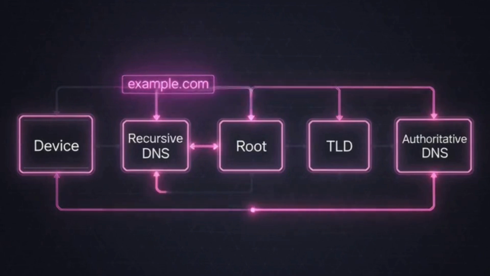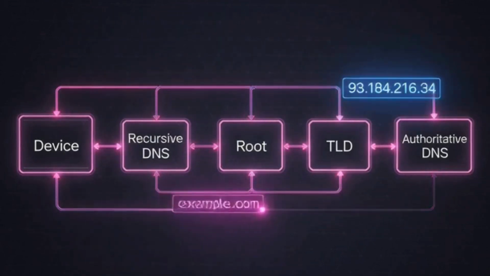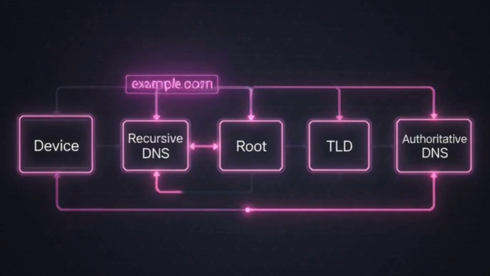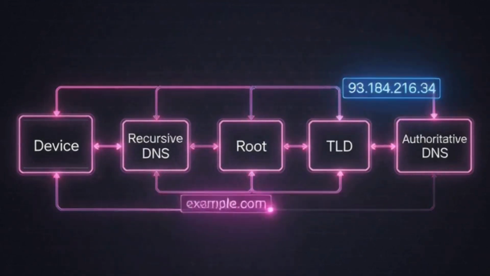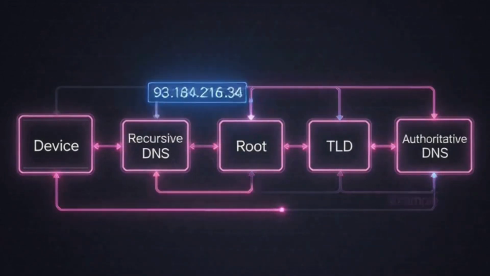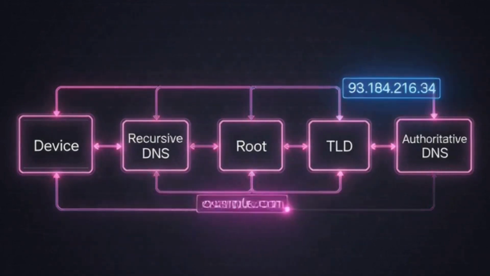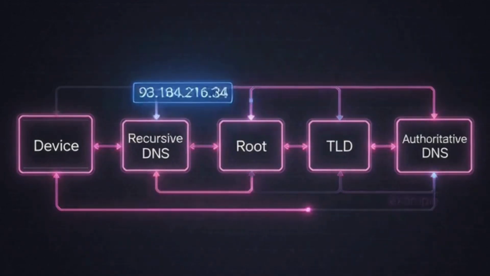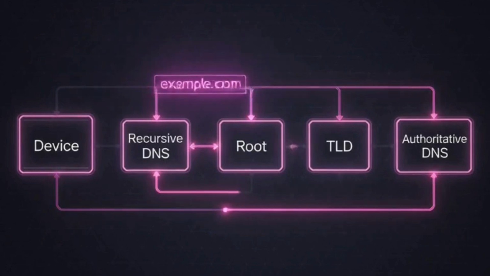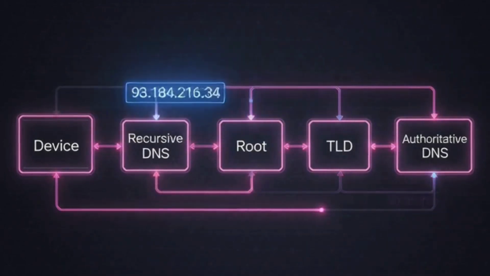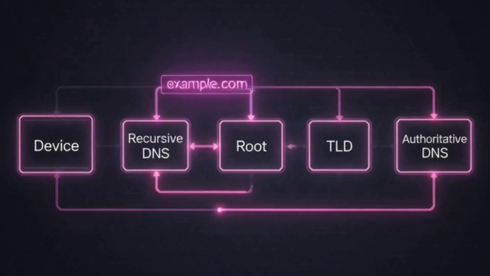First the root DNS server, then the top-level domain server, in this case the .com server, and finally the authoritative server for example.com. The authoritative server responds with the IP address, something like 93.184.216.34. This process takes only a few milliseconds, but it's critical.